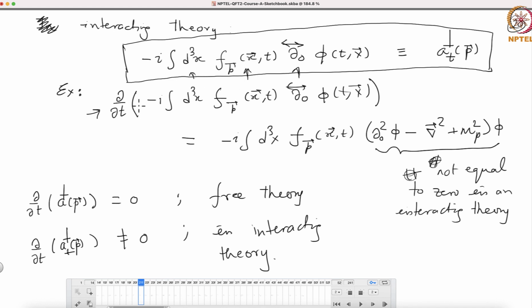So I am taking the time derivative of a_t dagger, and the result is minus i times this integral. So this is a source of an i in our calculation, and of course this minus i kills the minus sign we had there.